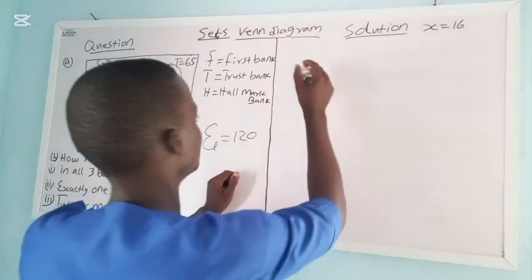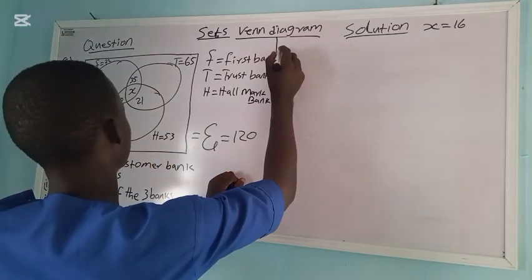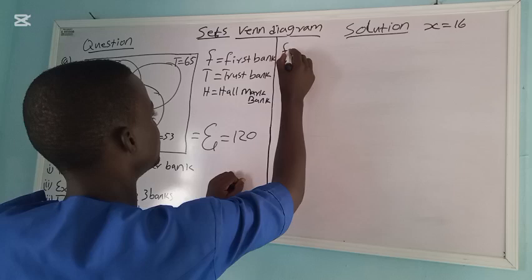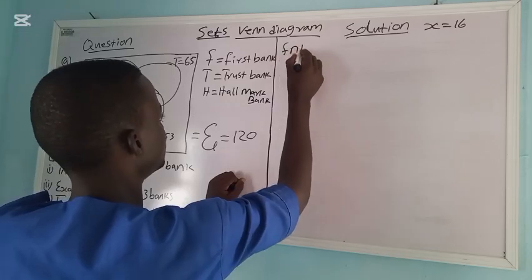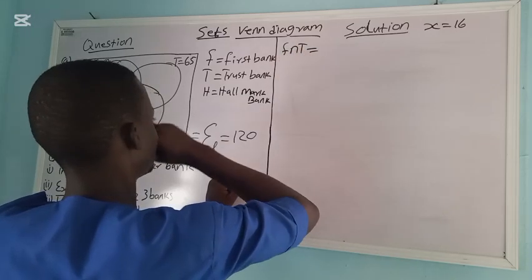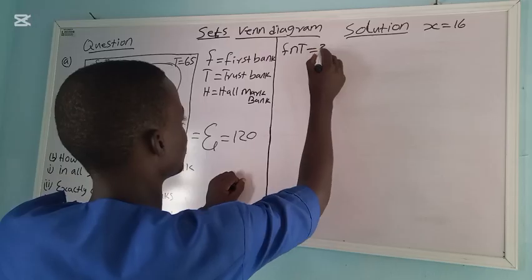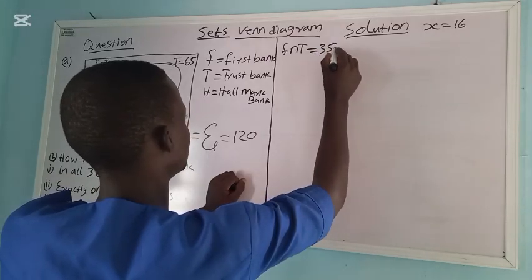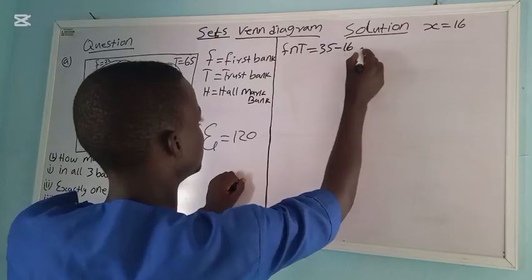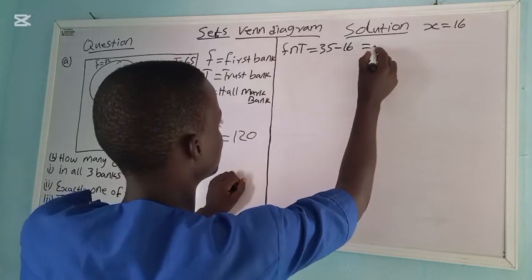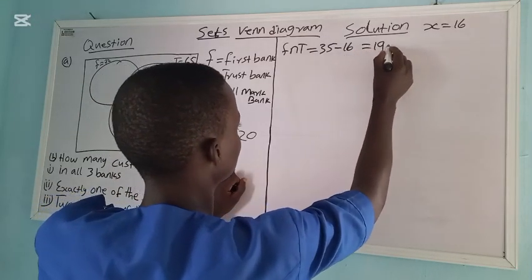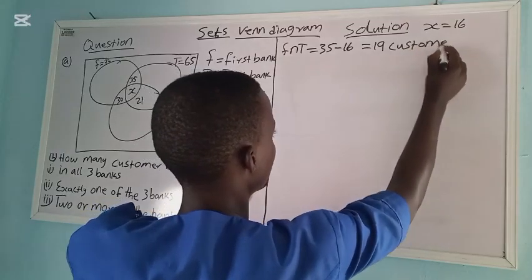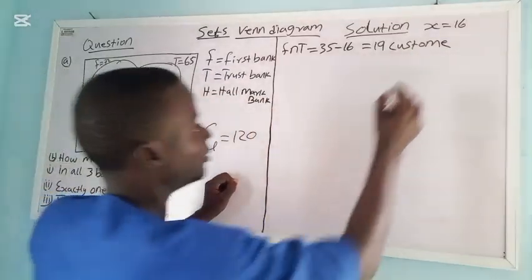So let me do it here. We'll have F intersection T is equal to 35 minus 16 is equal to, I think it's 19 customers only.